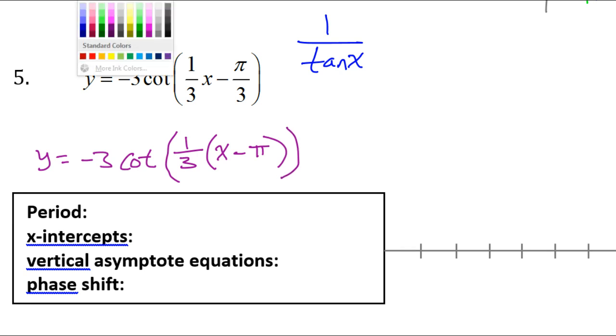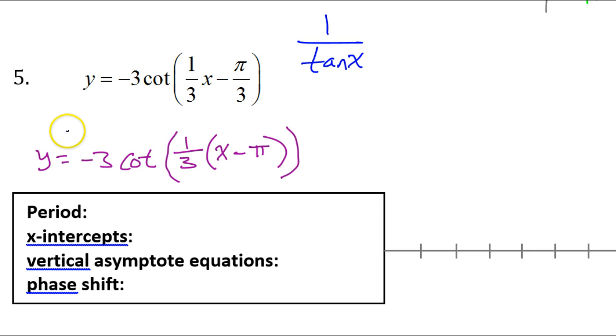Okay, so I have, wait, here's something special. This is going to be a reflection over the x-axis. But at any rate, this is also the a value. So that's going to affect the graph, the stretch of it.